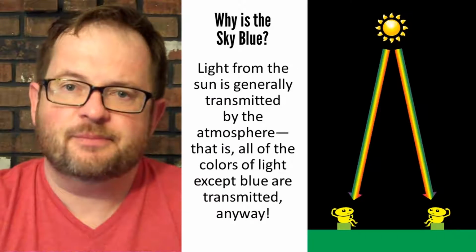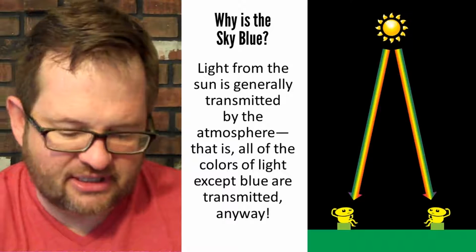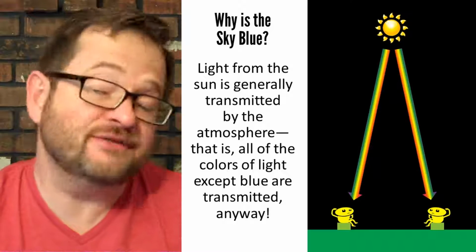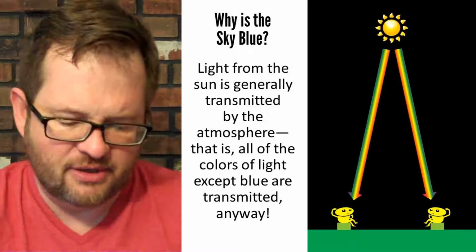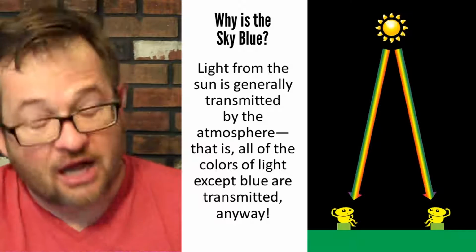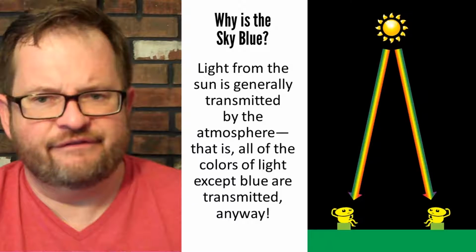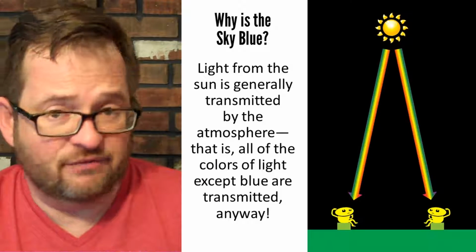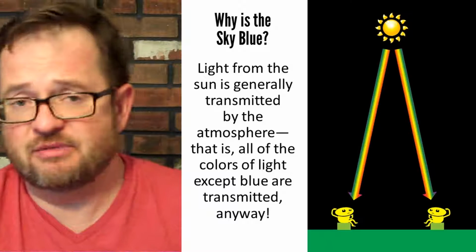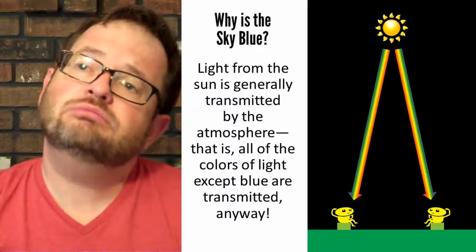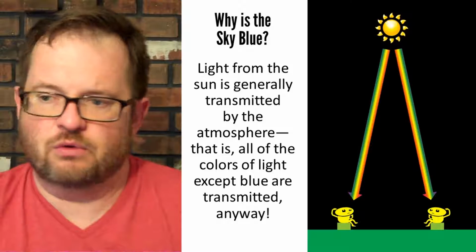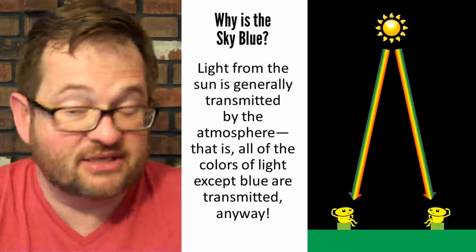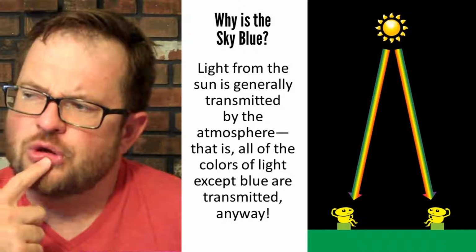Let's explain here. By and large, let's put the atmosphere in here. By and large, the atmosphere transmits radiation from the sun, shortwave radiation. Different colors of light are, in fact, caused by slightly different wavelengths of those photons of light that are coming from the sun. So the only difference really between green and yellow and orange and red and all the colors of the rainbow is they have slightly different wavelengths of the radiation.